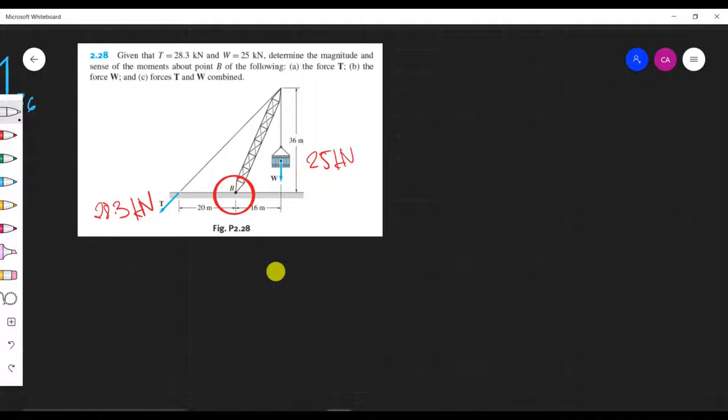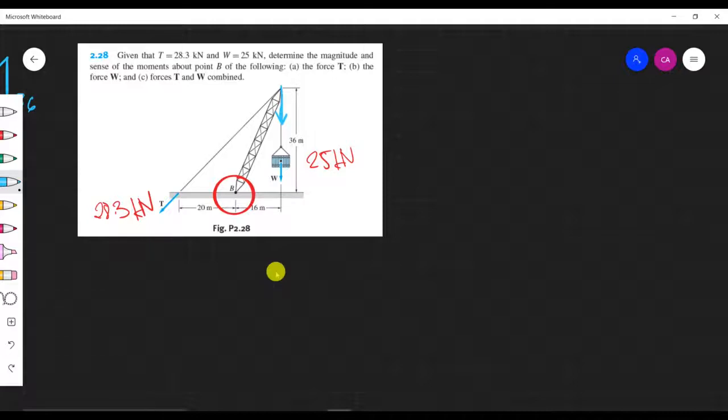Kaso, wala siyang height, yung W. Wala siyang location. So, yung W, instead na nandiyan siya, pwede nating ilagay dito. I-slide natin siya dyan. Same lang naman yan. We are talking about external forces naman.